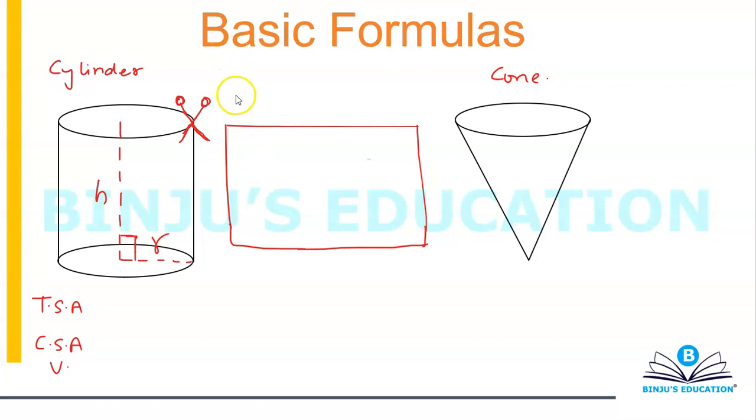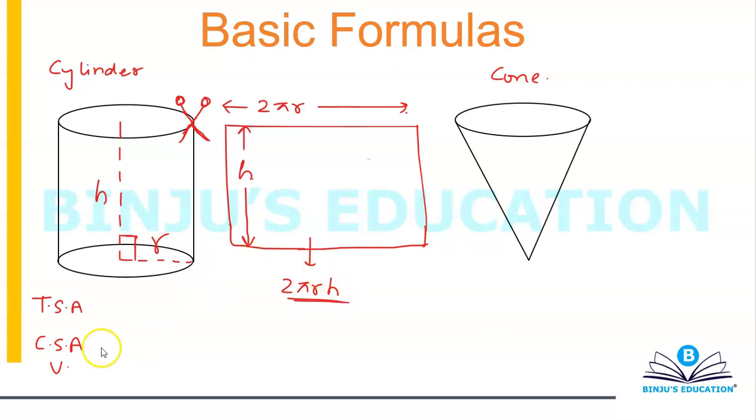Now this sheet of paper is going to have two dimensions. One is 2 pi r, that is the circumference of the circle, and another is the height, which is h. What will be the area of the sheet of paper? That's length into breadth, so it will be 2 pi rh.